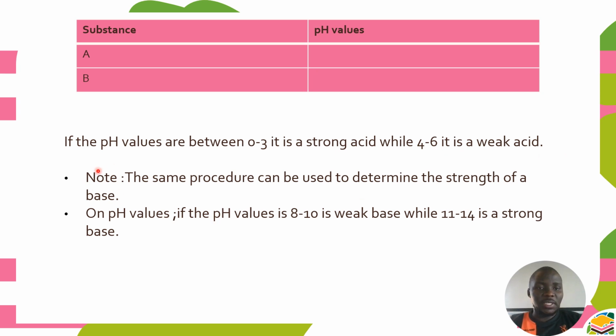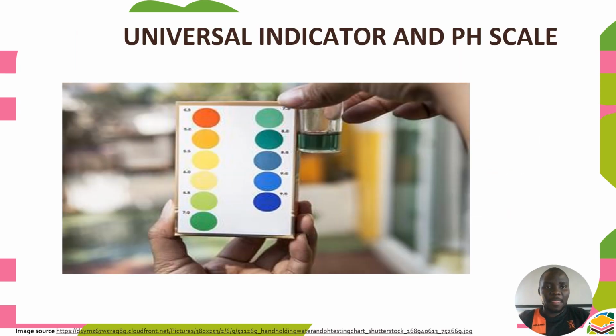Note that the same procedure can be used to determine the strength of bases. If you are determining the strength of two bases and you find that the pH value is between 8 and 10, it means that one is a weak base. And if it is between 11 and 14, it means it's a strong base.